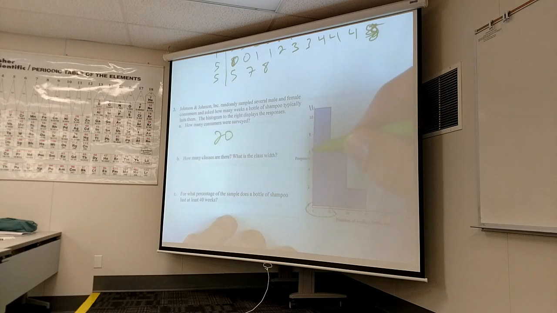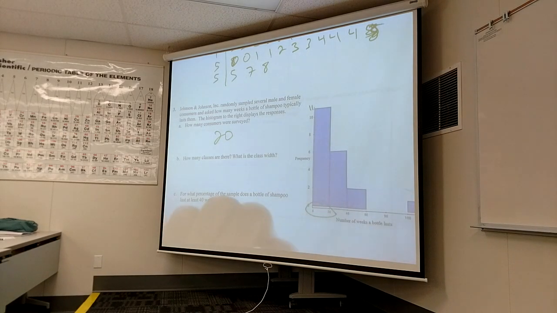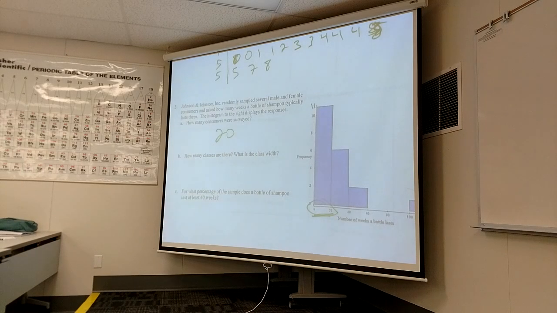Second bar? 6. 17 so far. And then there's 3 down here. So 20 altogether. That frequency bar has got to add up to be the size of your sample, because it represents how many things in your sample occurred between these two numbers, in this case between these two weeks.